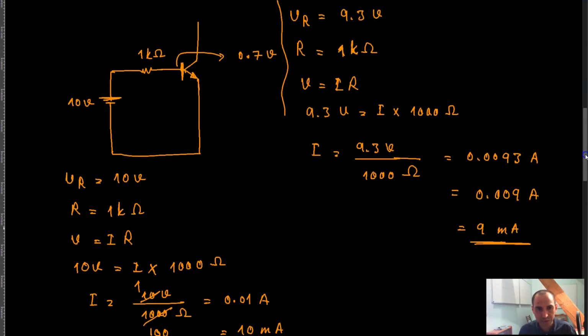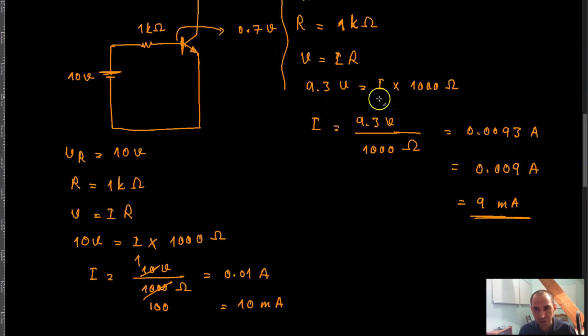You don't really have to take into consideration the voltage drop across the PN junction or across the base emitter junction of the transistor. If your power supply voltage is at least 10 volts, then you don't have to take into consideration the 0.7 volt voltage drop across the PN junction. You can simply ignore that, because relative to the supply voltage, this can be ignored, right?